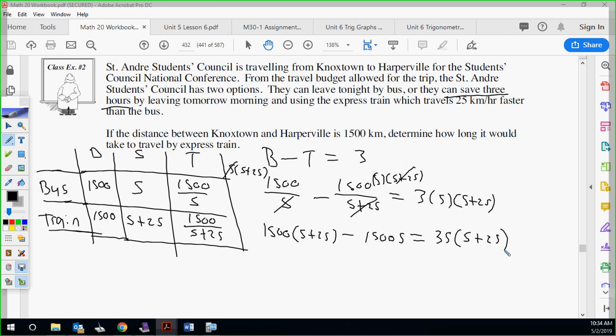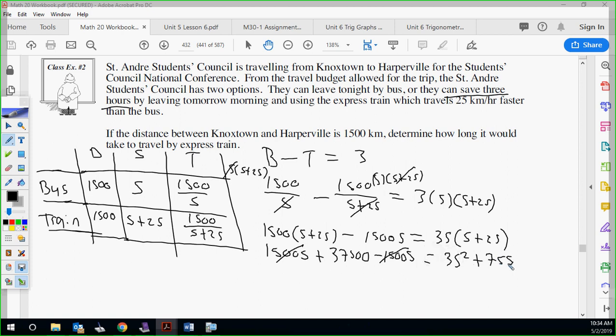Okay, so on the left side, 1,500 times 25 is 37,500. You can see the two 1,500 S's cancel, equals 3S squared plus 75S.